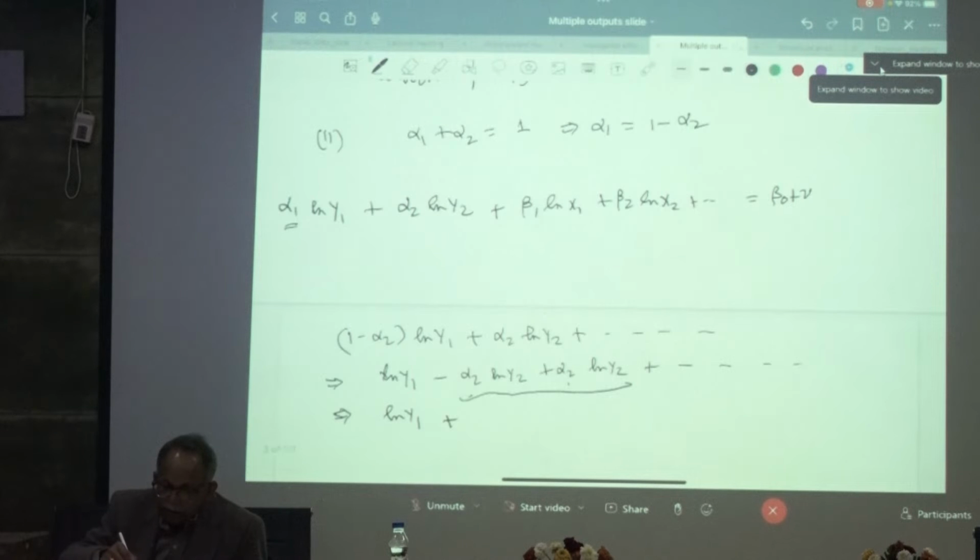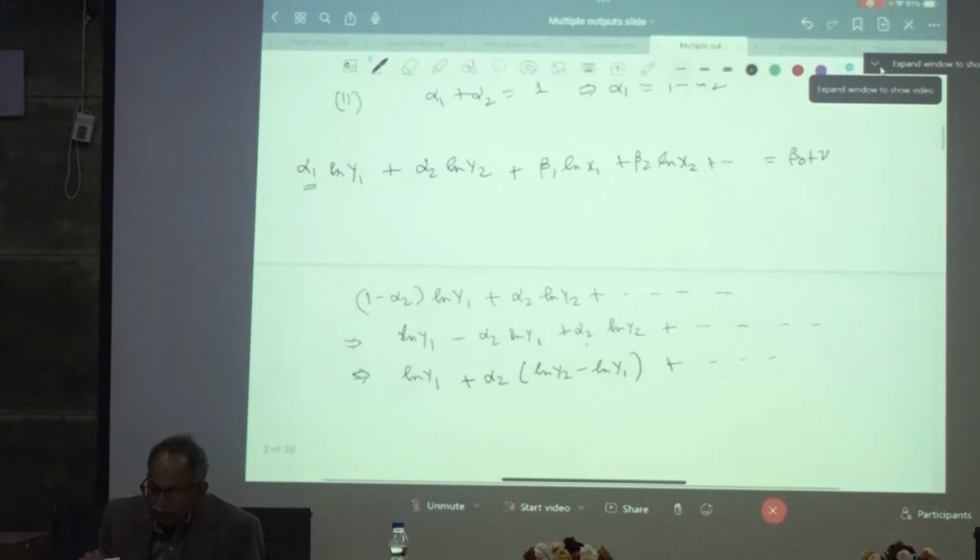So you have log of y1, and I can take alpha 2 common, and then I get log of y2 minus log of y1, and the rest of the terms are fine.